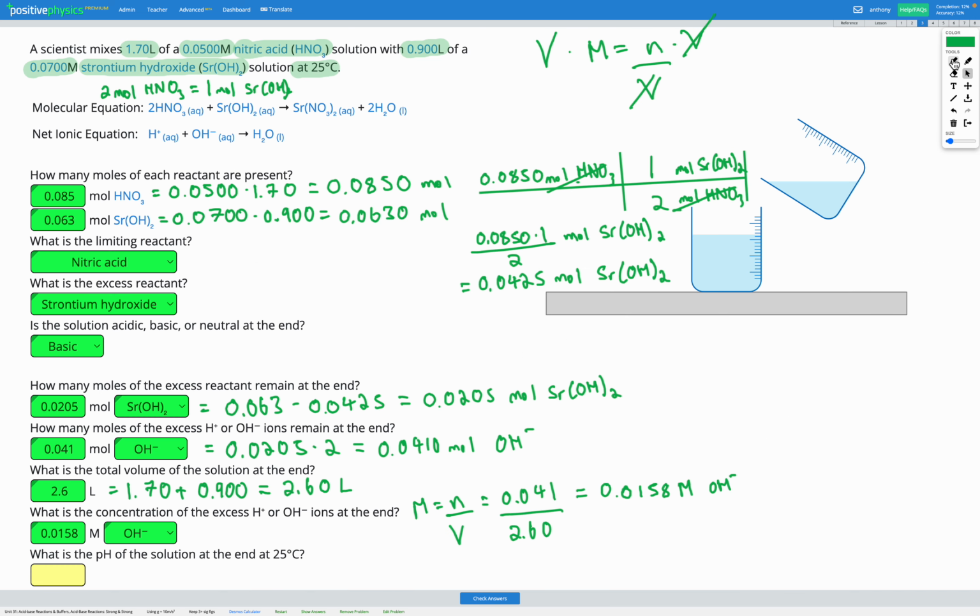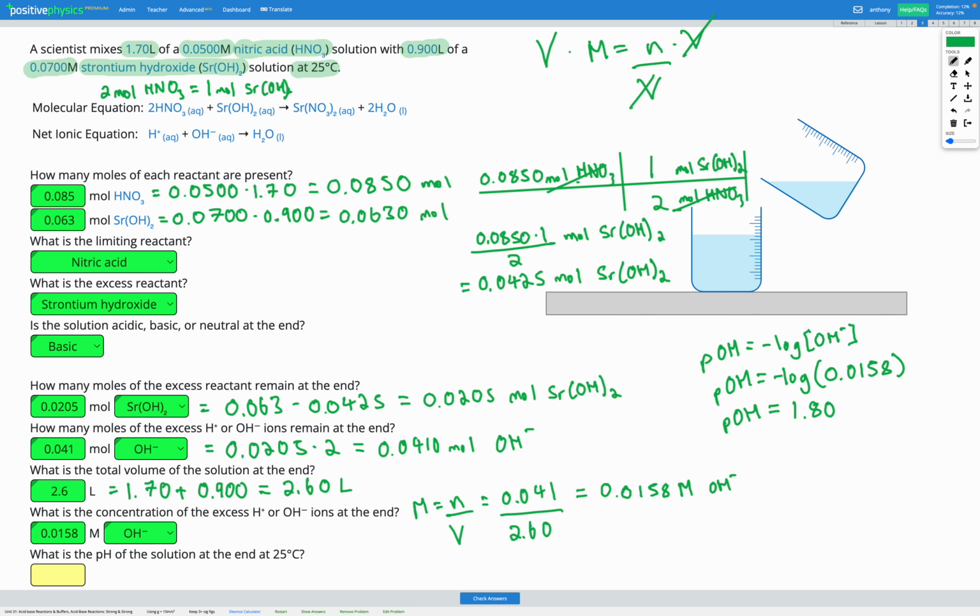So let's go ahead and calculate that. pOH is negative log, and the concentration of hydroxide ions we just calculated was 0.0158 molar. So if we put that in our calculator, we're going to get a pOH of 1.80. But the question asks for the pH.